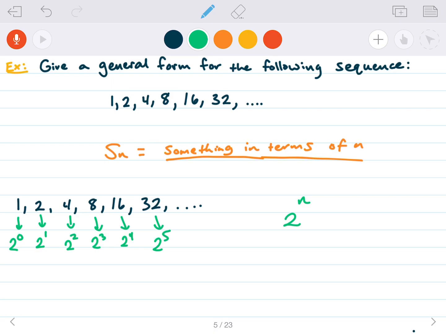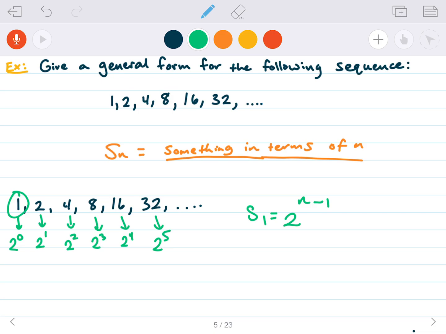If I do S sub 1, that's going to tell me that the number in the first position should be 2 to the 1, which is 2. But that's not true. The number in the first position is actually 1. So instead of doing 2 to the n, let's do 2 to the n minus 1. Let's see if that works out.